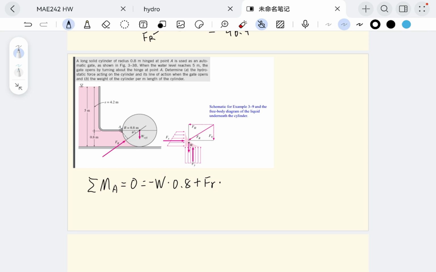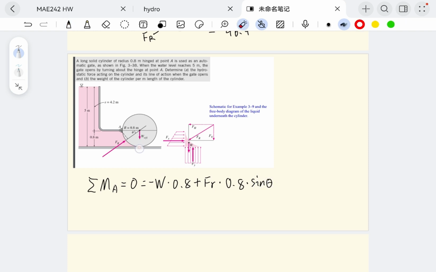How can we find that? Well, we already know theta and we know the radius. So we know this, we know this. With sine, we should be able to calculate this length. It will be just radius times sine theta.